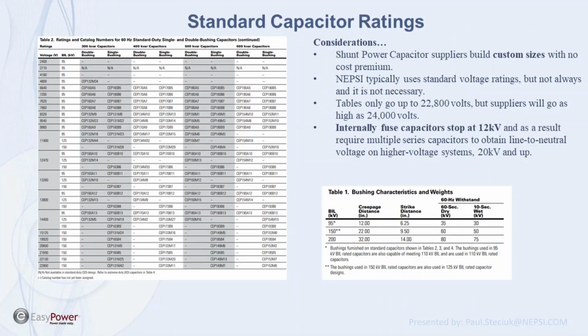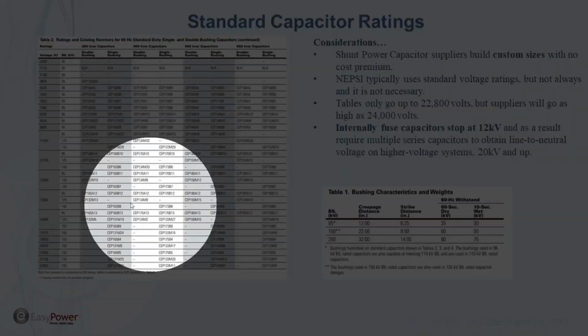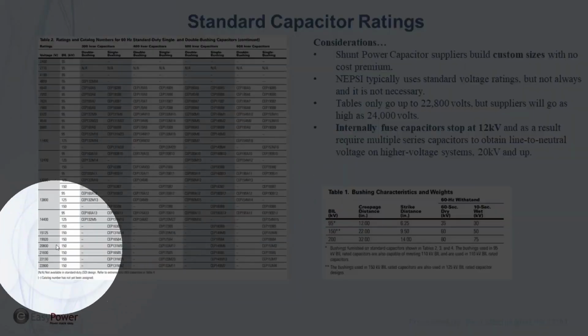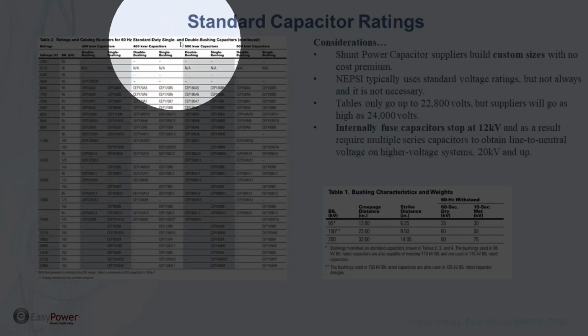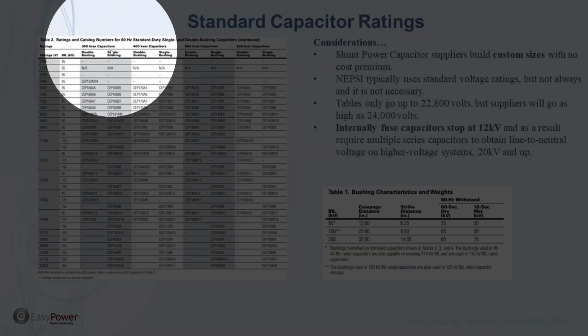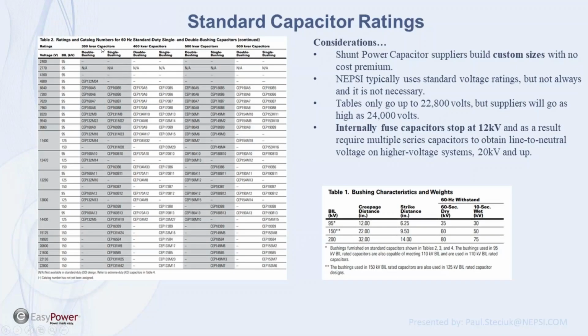When you're thinking about capacitors, you do not need to specify a standard rating. We show here the standard ratings: 300 kVAR, 400 kVAR, 500 kVAR, 600 kVAR. If you go to a capacitor supplier, they are not going to squeeze you into a 300 or 400. You can buy a 332 kVAR capacitor. They are not going to charge you more for that capacitor.